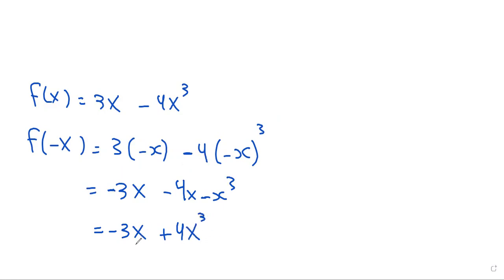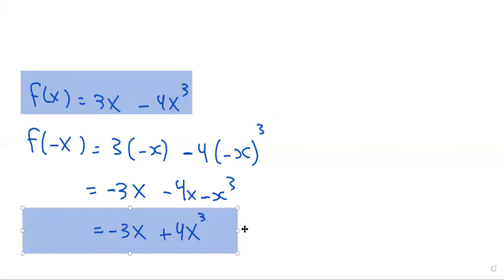So this function, if we compare directly between f of x and f of negative x, they are not the same. Something is different. I have 3x and negative 3x, negative 4x cubed and plus 4x cubed.